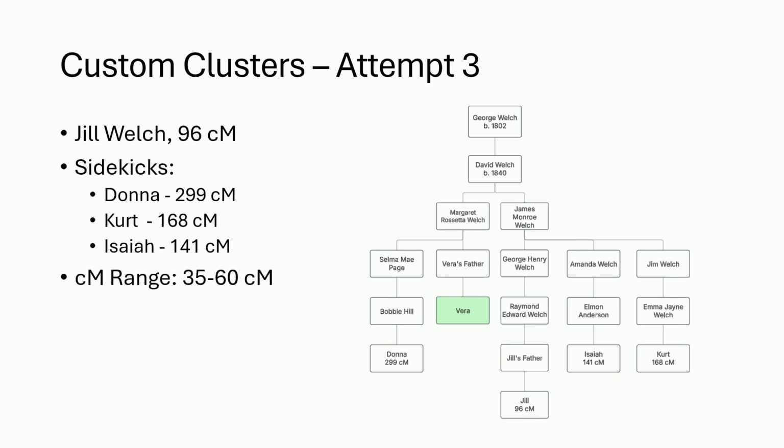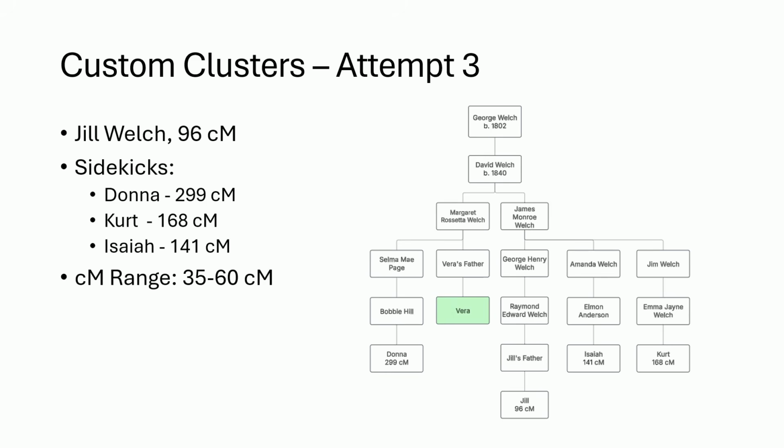So I went with Donna, who shares 299 centimorgans, and she descends from David Welch, and Kurt, who shares 168 centimorgans, descending from David Welch through a different child, and then Isaiah, sharing 141 centimorgans, who descends from the same child as Kurt and Jill.